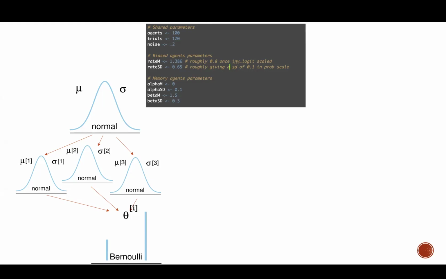The beta, so how much it's following memory, we're going to put at 1.5. So it's actually really keen on following memory. Otherwise, it's going to be hard to infer. And we put a standard deviation of 0.3. Why these values? The exact values are really not important. We're sort of setting up our simulation at this stage.